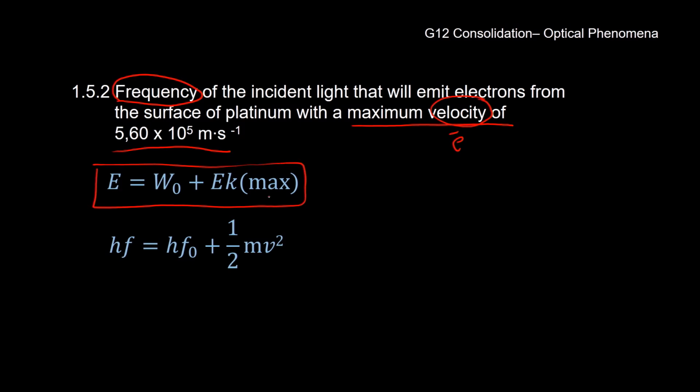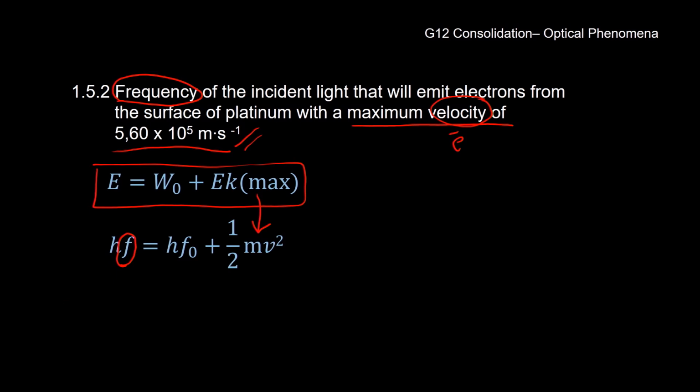EK maximum is a half mv squared. We want to calculate this frequency here. Can you see that? We don't want the threshold frequency, we've got that. We want to know what frequency the light has to be to emit this electron from platinum at this particular velocity.